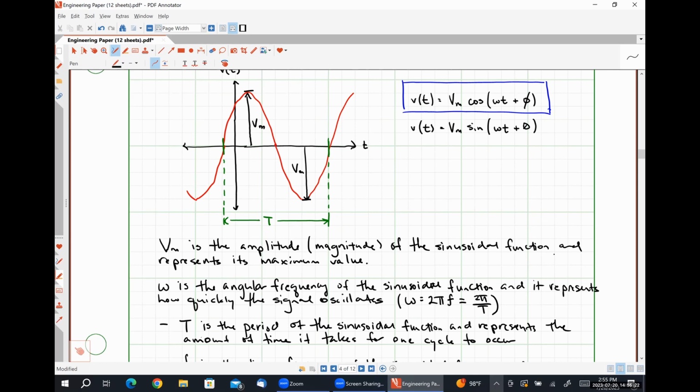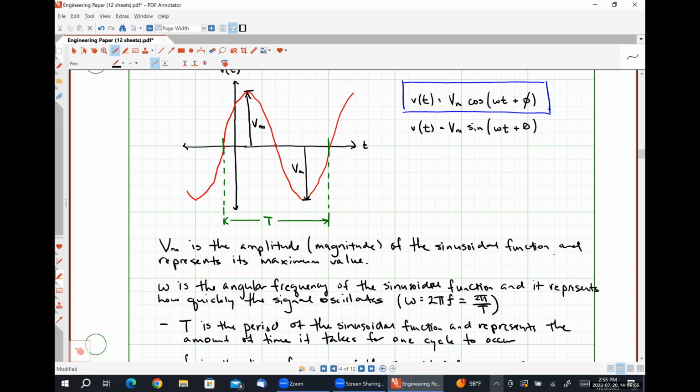I can say that because for a cosine function with a phase angle of 0, it should hit its peak value at t equal to 0. But instead, it hits its peak value for some positive value of t, right? So it is shifted slightly to the right. Another way to think about it is that it is delayed, because it is hitting its peak value at a point in time later than t equal to 0.